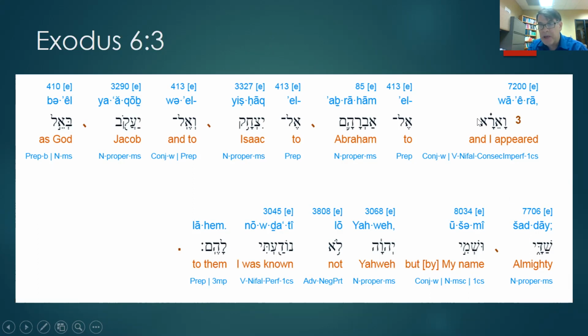It's being used as a piggyback. After a long vowel, which kamatz is a long A, the aleph is quiescent. It just kind of goes silent. So to pronounce it, va-e-ra. Va-e-ra. Okay, next word.